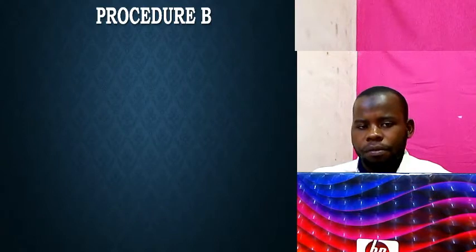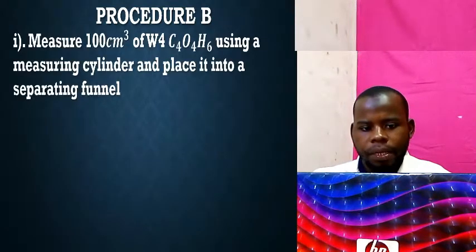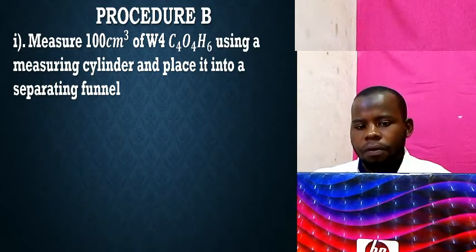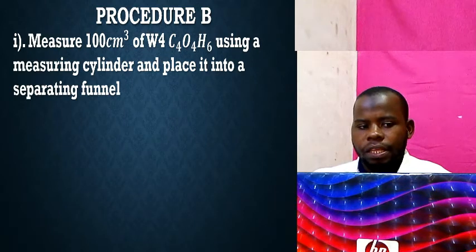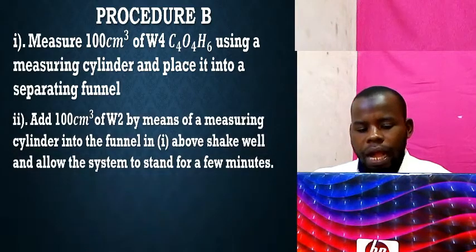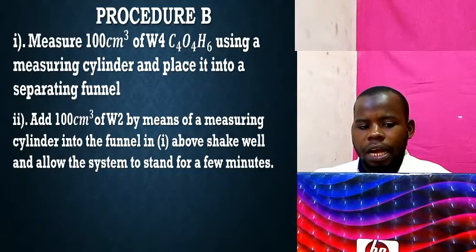And then procedure B. Measure 100 of W4, using a measuring cylinder, and place it into a separating funnel. Number 2, you add W2, which is succinic acid, by measuring cylinder.